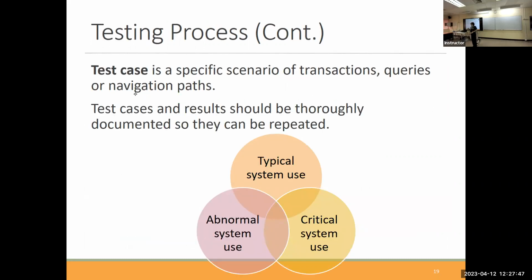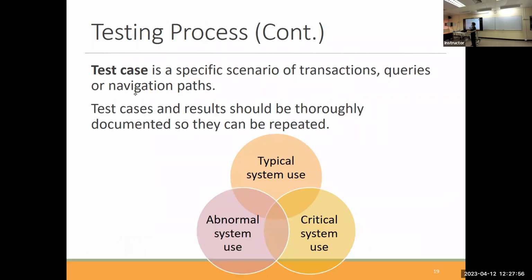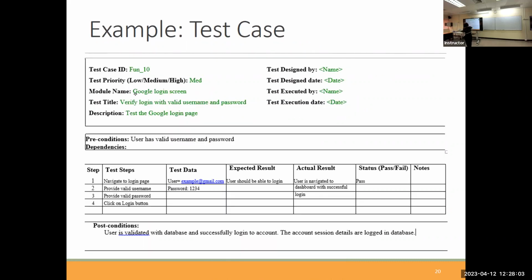several possible cases or not. If we are just talking about login, actually this is a very easy example and an easy module. For typical system use, there could be two things. There exists a user account, there exists a user ID, and the password matches, right? Another scenario is that the user ID doesn't exist. I type something and there's no such user.